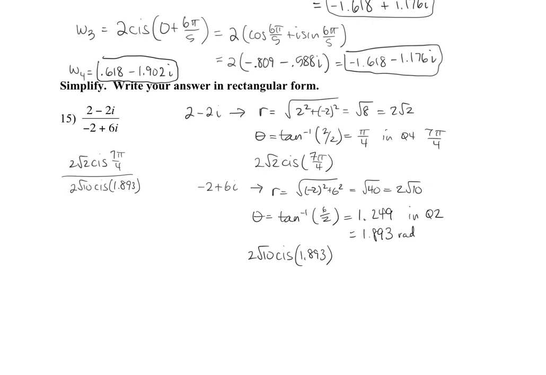So the 2's are going to cancel. So it's square root of 2 divided by the square root of 10. And then you subtract the argument. So 7 pi over 4 minus 1.893, and that's 3.605 radians.